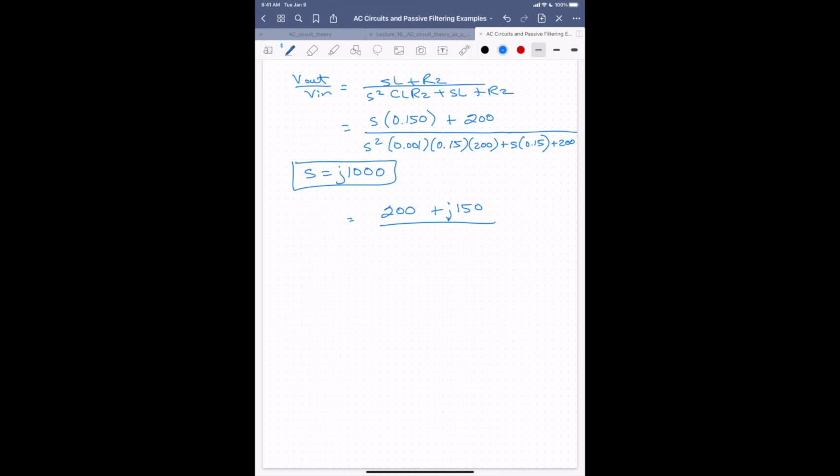And then the denominator simplifies to minus 29800 plus J times 150.